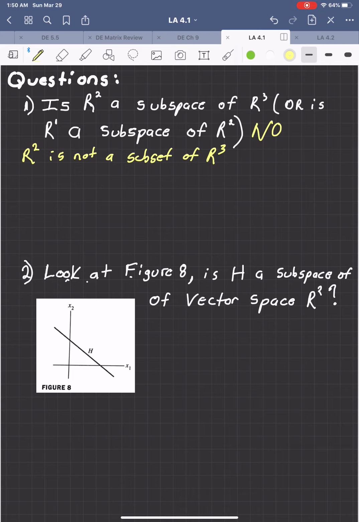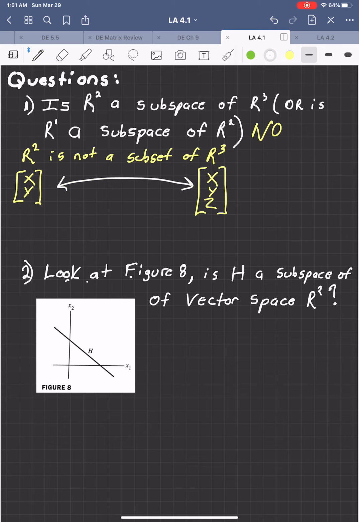Every point in R2 takes on the following form. The form that it takes looks like this. Every point in R3 takes on the following form. Do you notice that, just structurally, these are not the same.